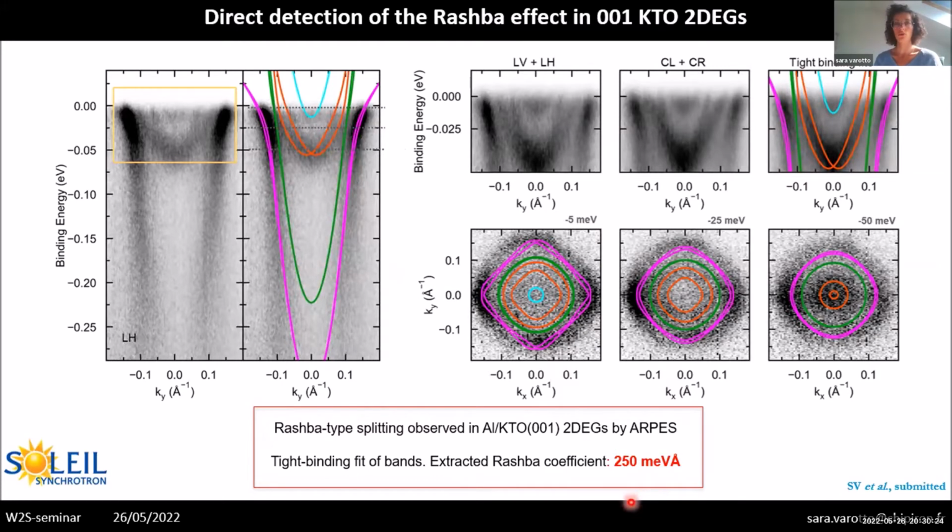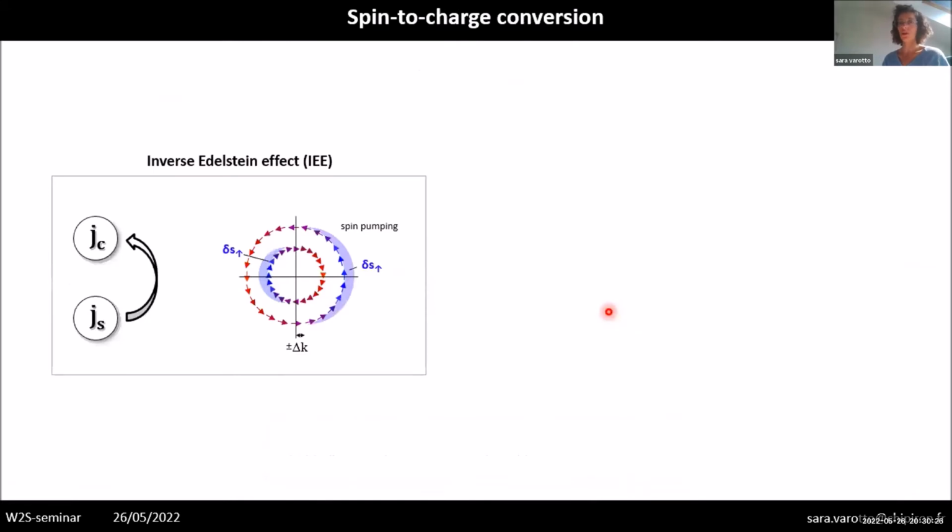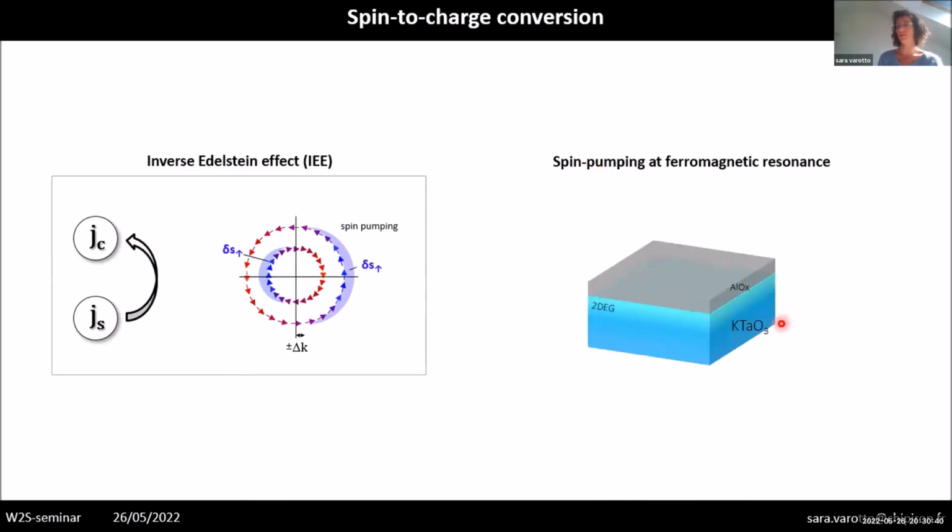So what we did is to investigate the spin-to-charge conversion and charge-to-spin conversion in this system. Concerning the conversion from a spin to a charge current by inverse Edelstein effect, we employed spin pumping at ferromagnetic resonance. That consists in interfacing our KTO aluminum to a ferromagnetic layer, for instance, permalloy, that is brought to its ferromagnetic resonance.